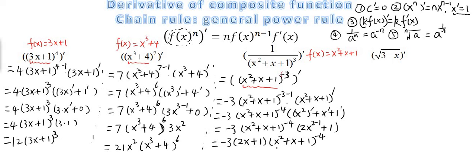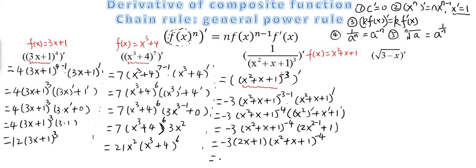Okay, so for the last term, x squared plus x plus 1 to the power negative 4, we can use formula 4 again. Okay, so if we have a to the power negative n, we can convert it to 1 over a to the power n, right?